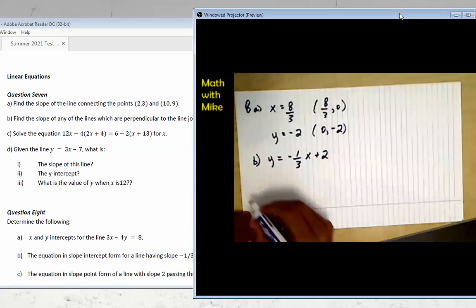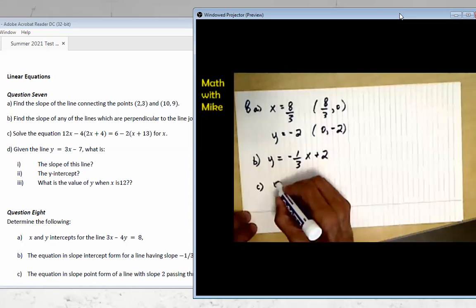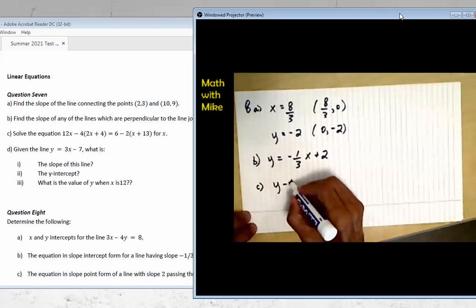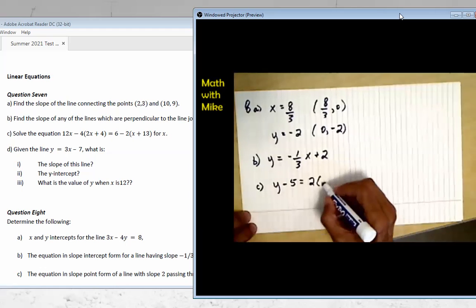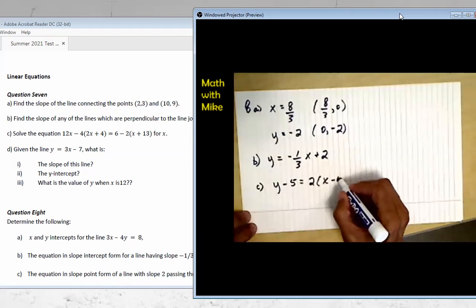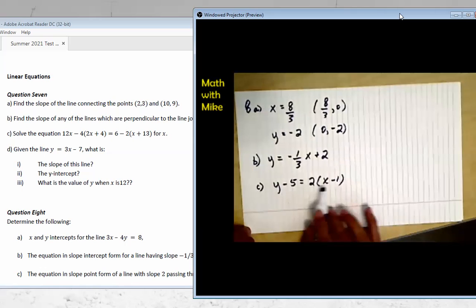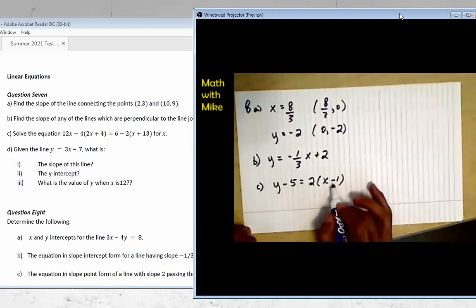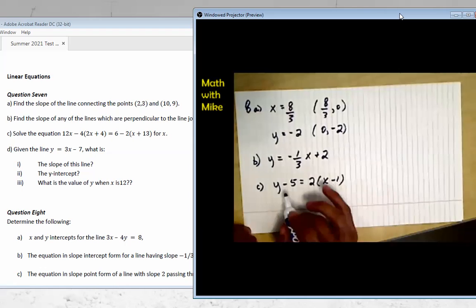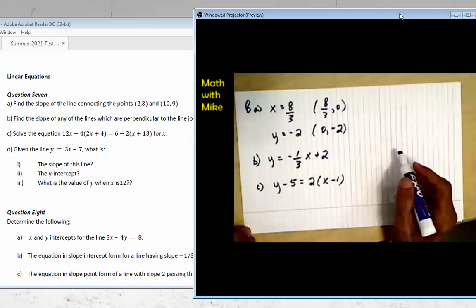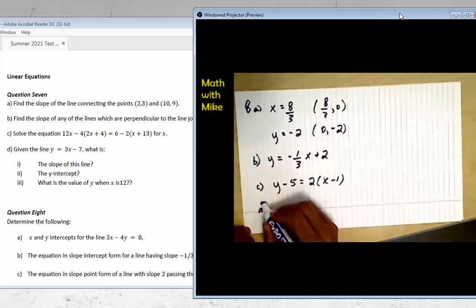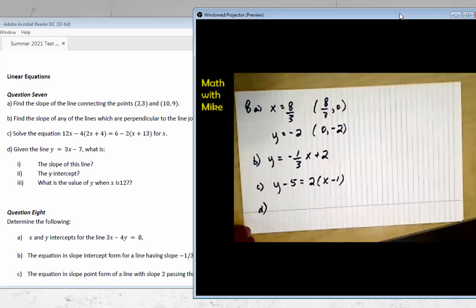C part. A lot of people did this well. Okay, with the points that are given, it ends up looking like that. Remember, the signs are opposite. It's +1 in the coordinates, so it's -1 in here. +5 for the coordinates, so -5 there. And then for D part, it says leave it in slope point form.